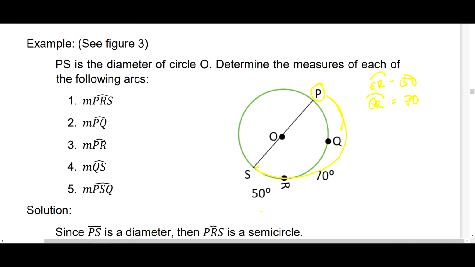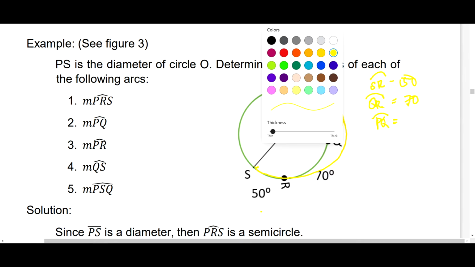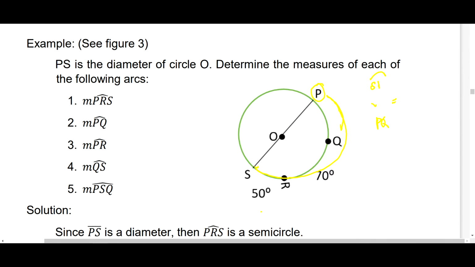What is arc PQ? Identify na lang muna natin kung ano yung mga measurement. Yung buray natin, kita yung yellow. So PQ, measure si PQ? Si QR meron na tayo, that is 70.